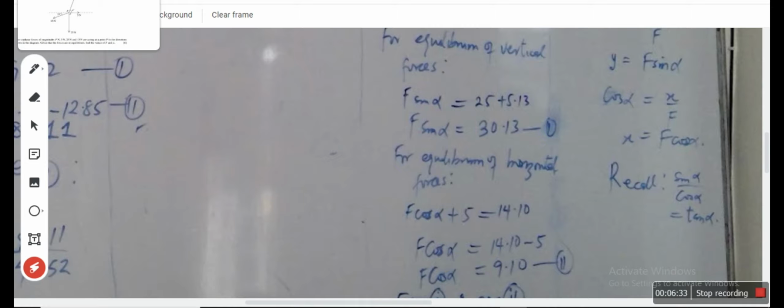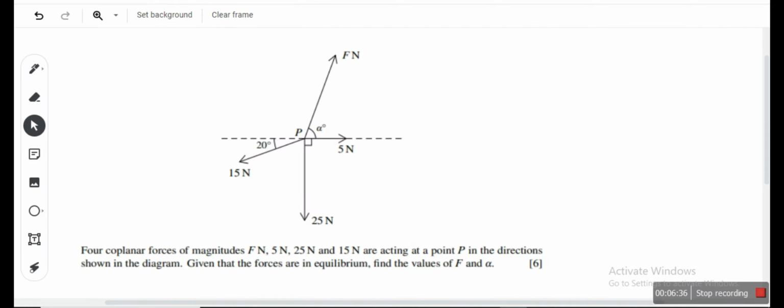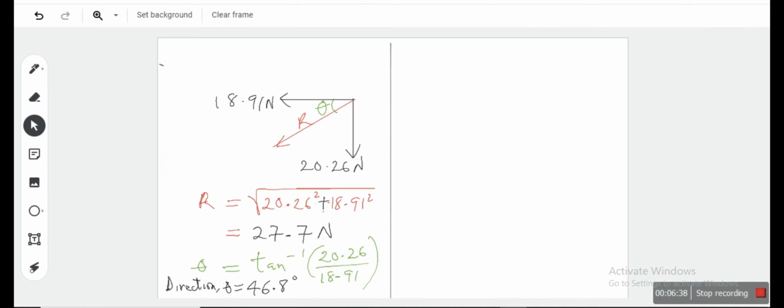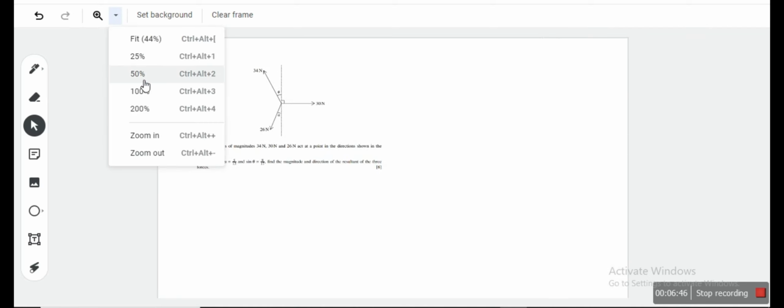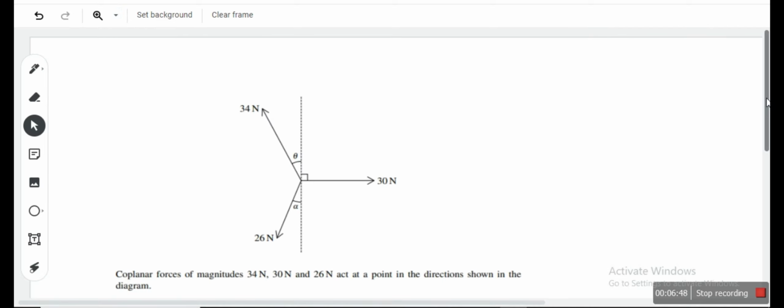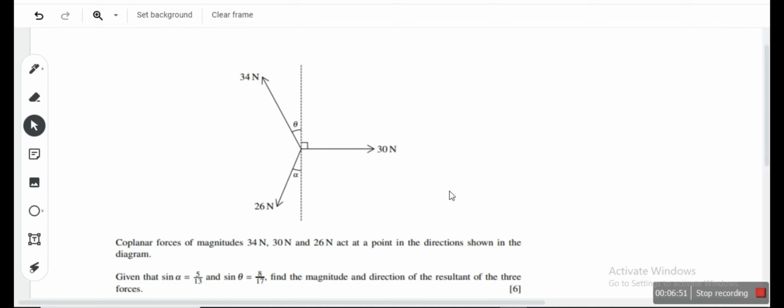That's that. We can look at some other practice questions that we can attempt. Let's see this one, I can zoom in. This one says coplanar forces of magnitude 34 Newton, 30 Newton, etc. act, given that sine alpha is this, sine theta is this, find the magnitude and direction of the resultant force of the three forces.